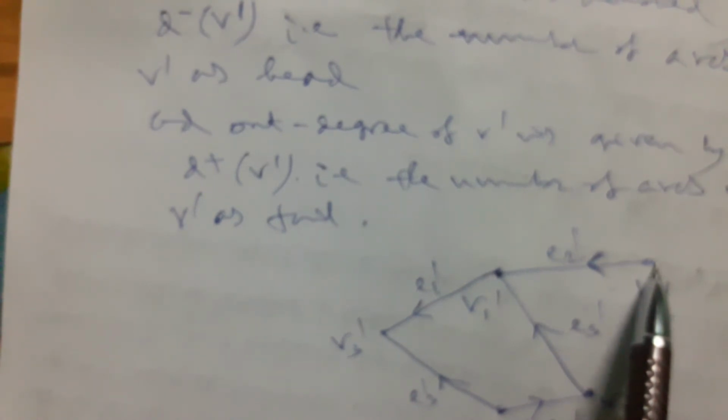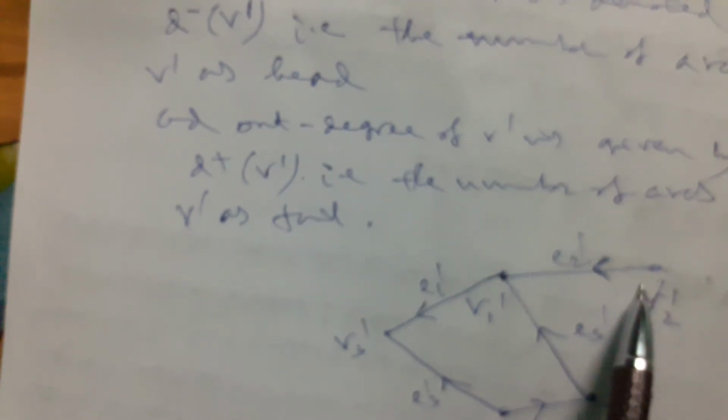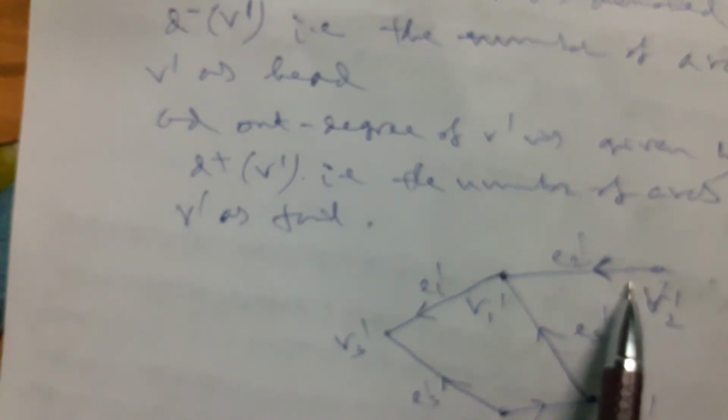So that's the starting vertex, that is called the tail, and it is going to the head. The end is designated as the head or the terminal vertex.